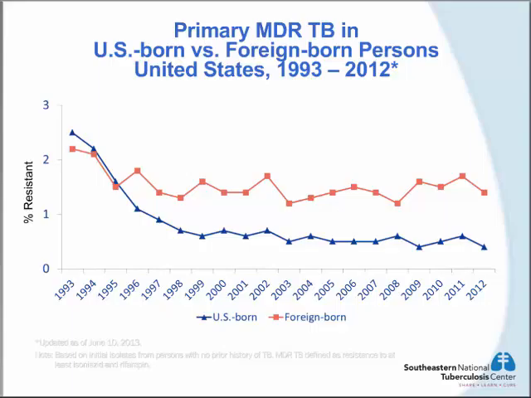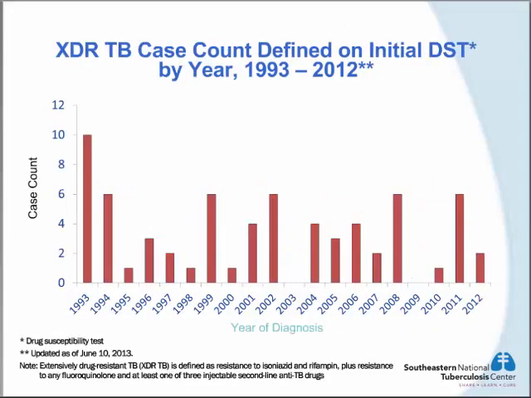So the rates are low. However, the rates in foreign-born are double the rates in U.S.-born. So it's important to know this because when you are evaluating a patient that could potentially have TB, if that person is foreign-born, you have to take into consideration the possibility of either INH resistance or MDR-TB.